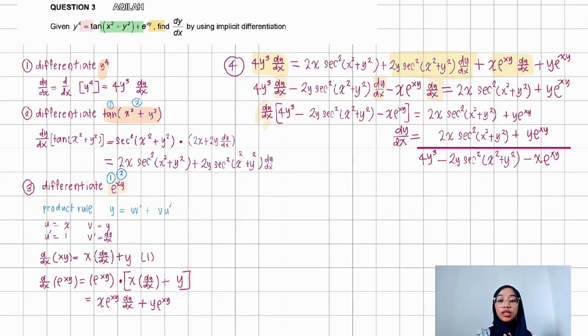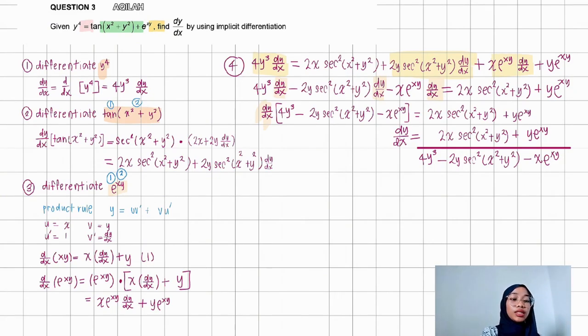Then, I move all the terms containing dy over dx to the left side and move the remaining terms to the right side. Next, I factor out dy over dx on the left side and put the rest in the bracket. I make dy over dx the subject and move the expression in the bracket to the right. This is the final expression for dy over dx.